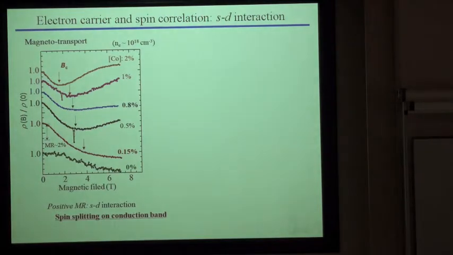And when we change the cobalt concentration, it shows unique magnetoresistance characteristics. Here is the magnetic transport depending on the applied magnetic field. In the non-doped, so pure zinc oxide, it shows this kind of negative MR effect. But in the case of cobalt doping from 0.15 up to 2%, with increasing cobalt concentration, the turnover magnetic field also shifts to a lower magnetic field, like this.